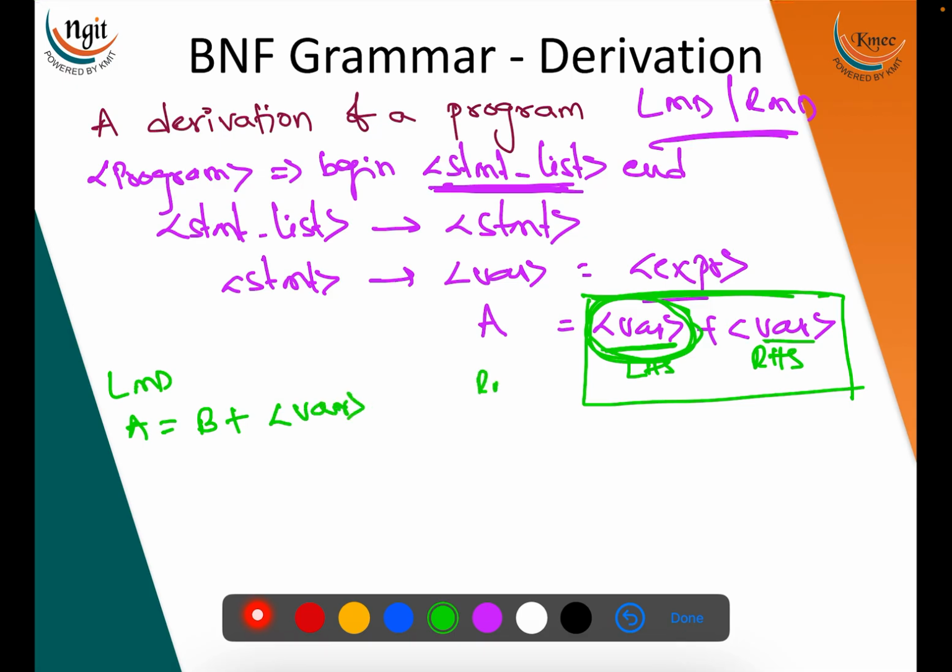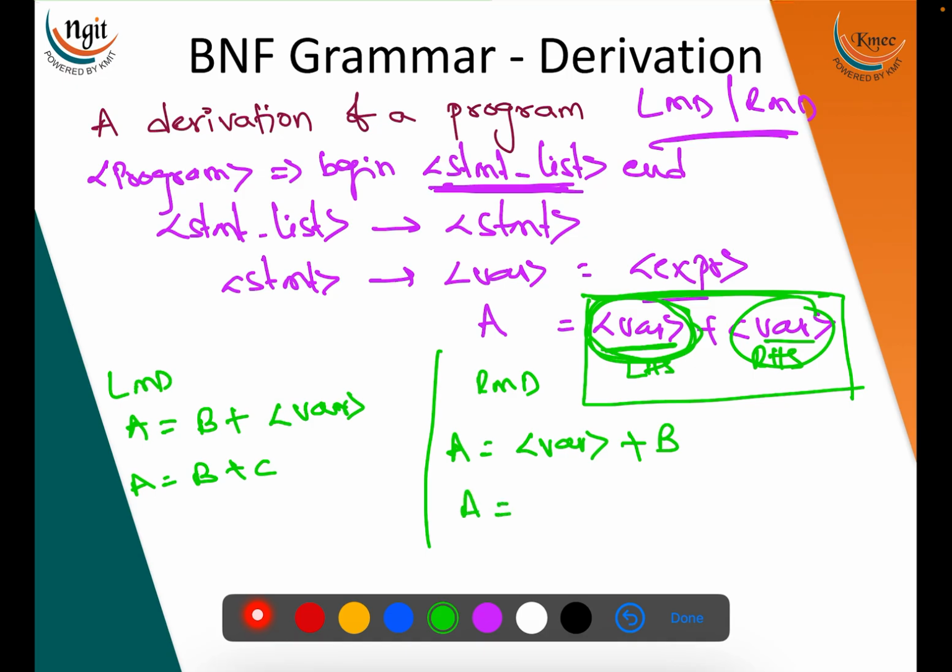If it is a rightmost derivation, then A is equal to, this variable stays as it is, and this variable gets substituted with B. So leftmost derivation gives B plus C, rightmost derivation gives C plus B. Did you understand? A grammar can be derived using leftmost or rightmost. So this is the way of doing leftmost and rightmost. Finally we'll get the answer something like this.